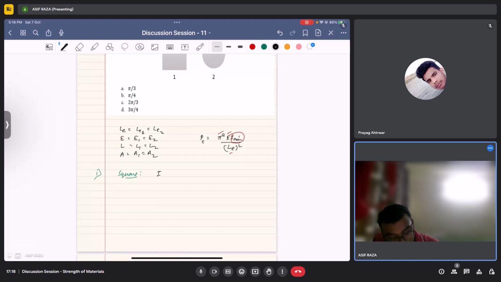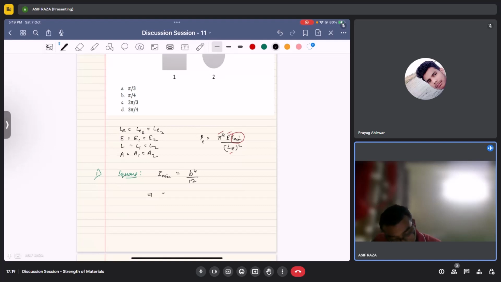I minimum can be written as b to the power 4 upon 12, if the side of the cross section is given as b. Since area is the same for both cross sections, we want to convert this I minimum in terms of cross-sectional area only.